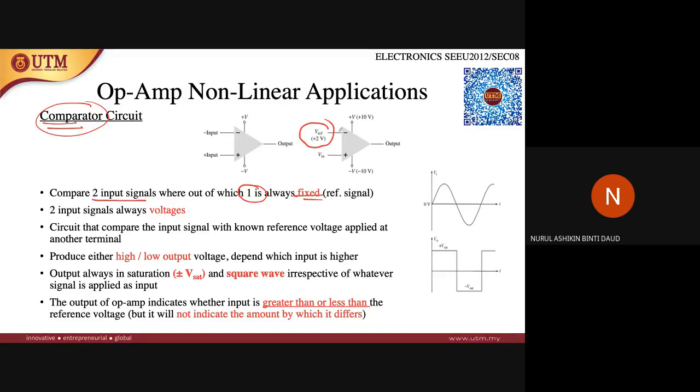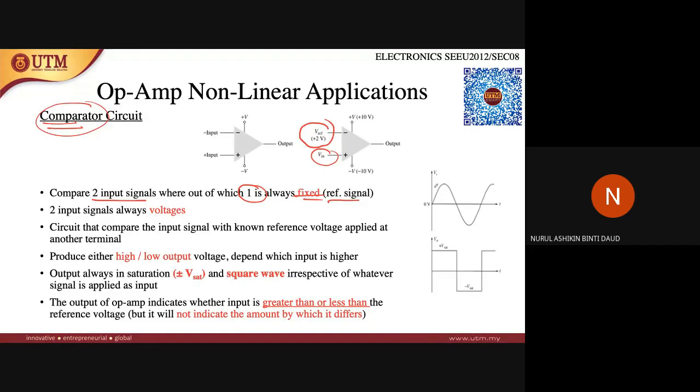So of those two inputs, one is always fixed, which will be our reference signal, and the other one is variable. It can be changed, and this input signal is usually a sine wave.